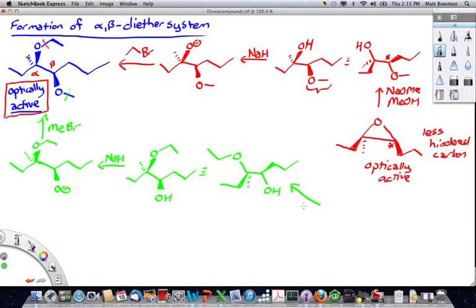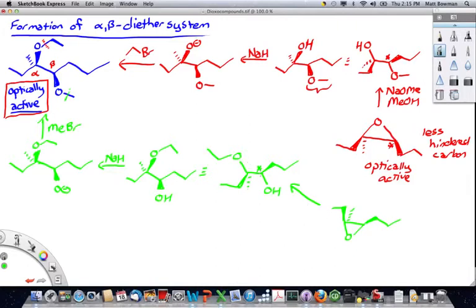Then we just draw our epoxide. We keep the stereochemistry on the carbon bearing the OH the exact same. And then whatever is a wedge over here stays a wedge over here. Dash over here. We still invert the stereocenter that's being attacked, and we get this.